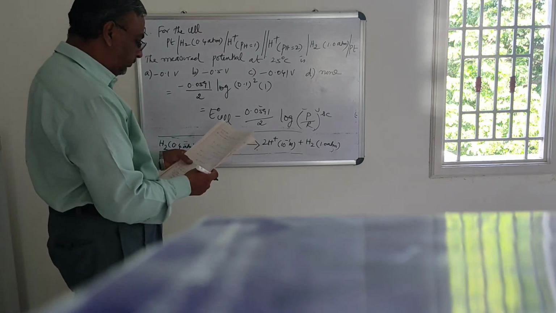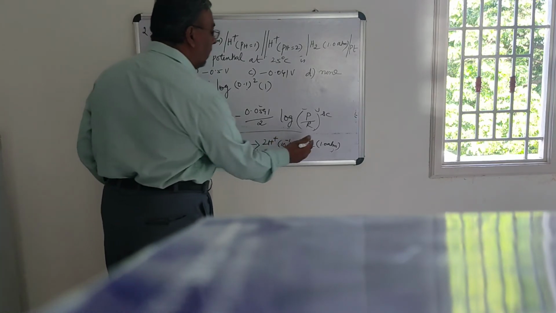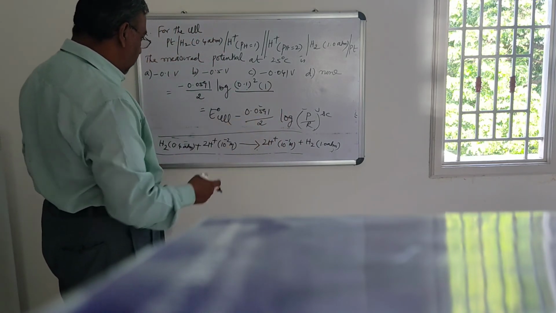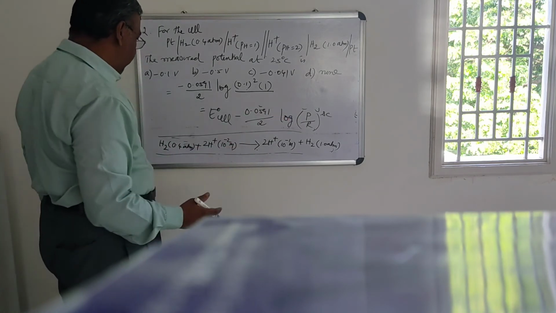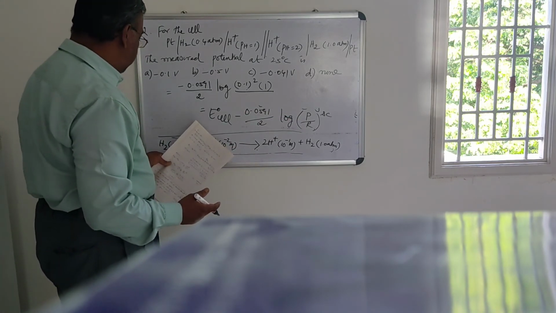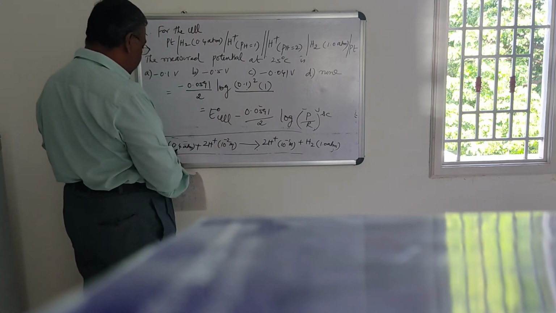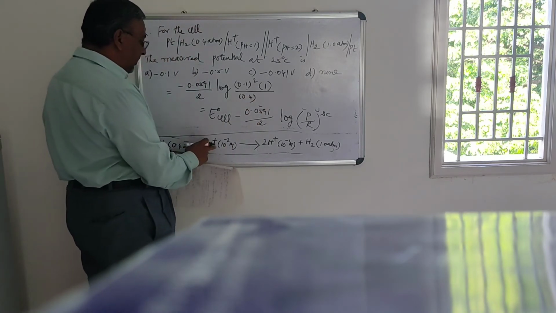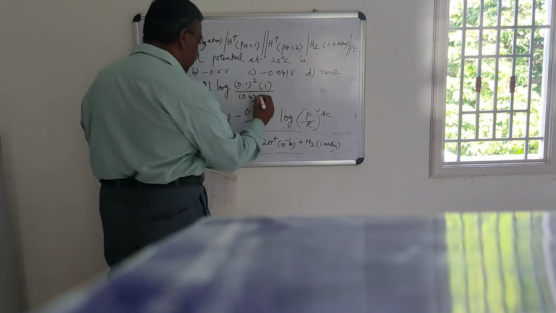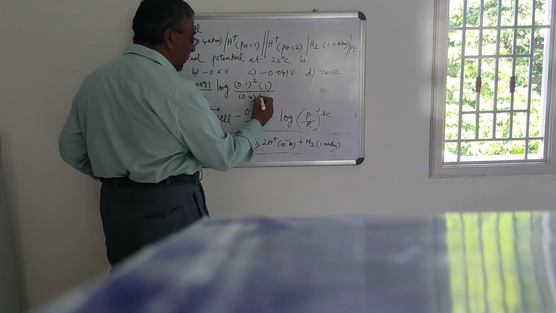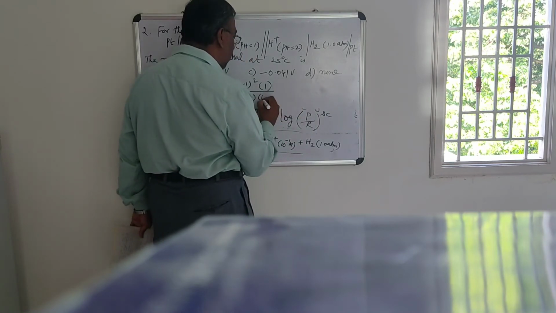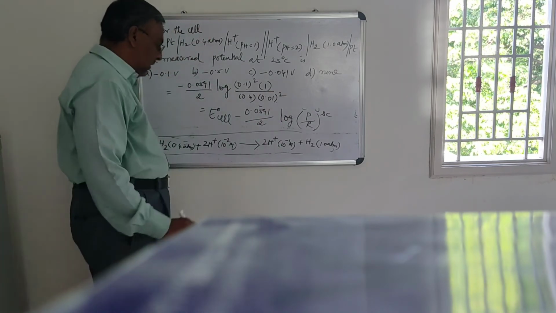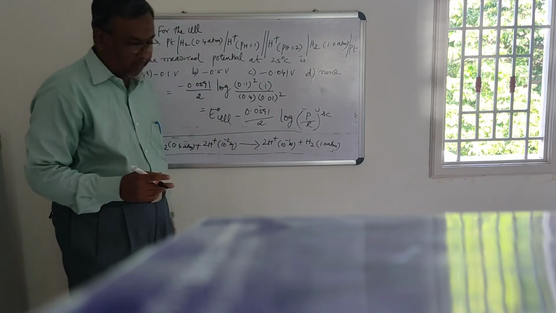Now the concentration of reactants is the concentration of hydrogen gas 0.4 and the concentration of H plus ions 10 to the power of minus 2, that is 0.01, squared.